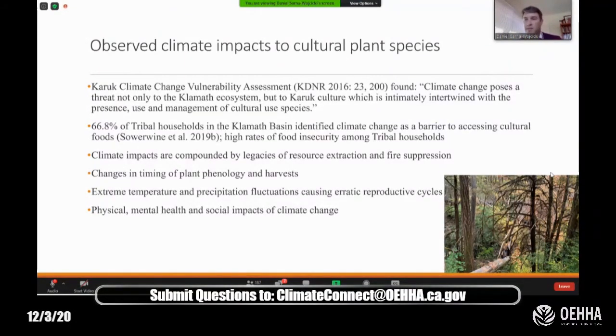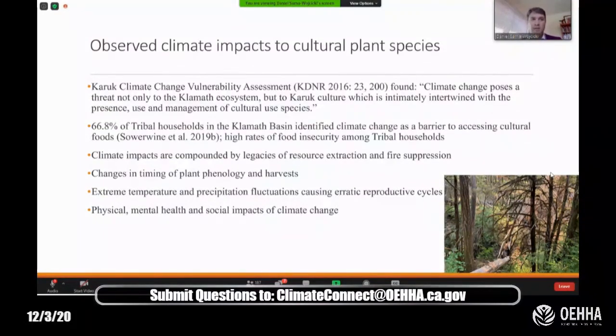About 64% of households rely on some form of food assistance, but the community is still very much connected to the landscape and to cultural plants and cultural food species. But the survey also showed that about 70% of tribal households have identified climate change as a significant barrier to having enough cultural foods.